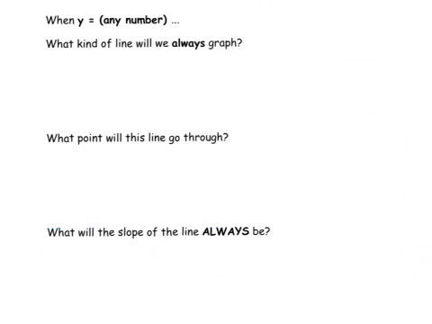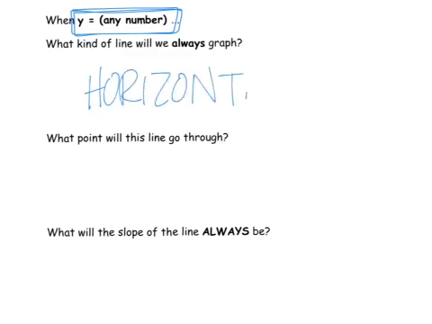So finally, if we look at things in generic, when y equals any number, like we've done on the last 2 slides, what kind of line will we always graph? And in both instances, y equaled 4, we had horizontal. So the line will always be horizontal. And it will always hit the axis. So it will always hit the y-axis in this case.